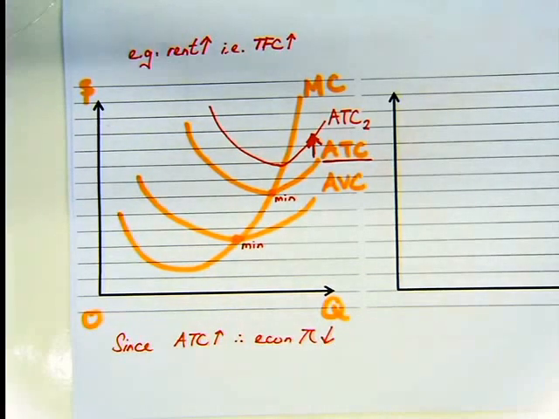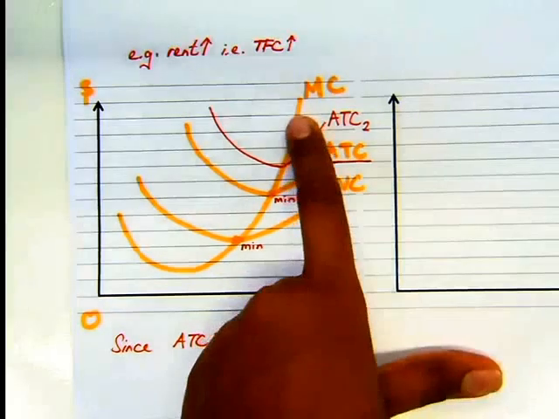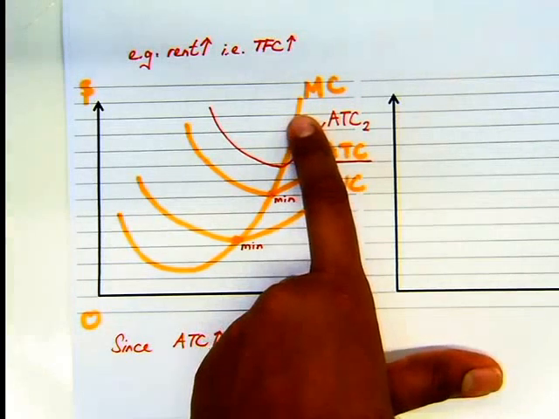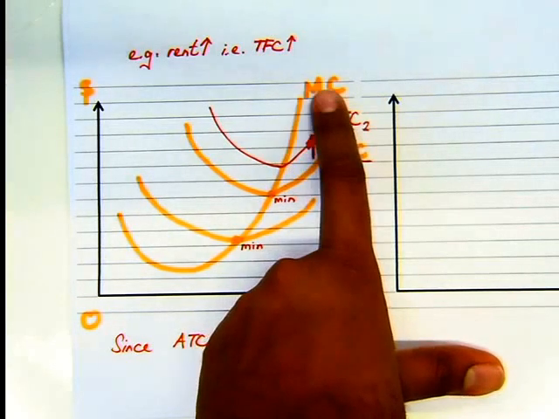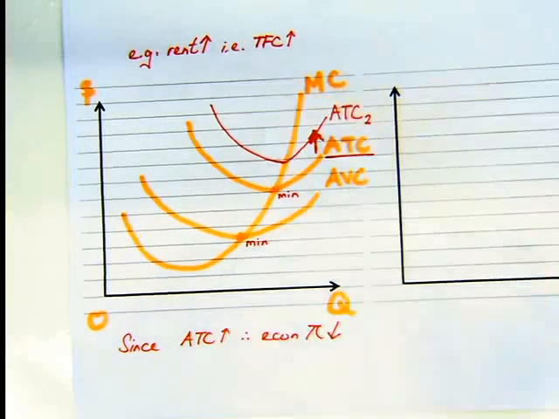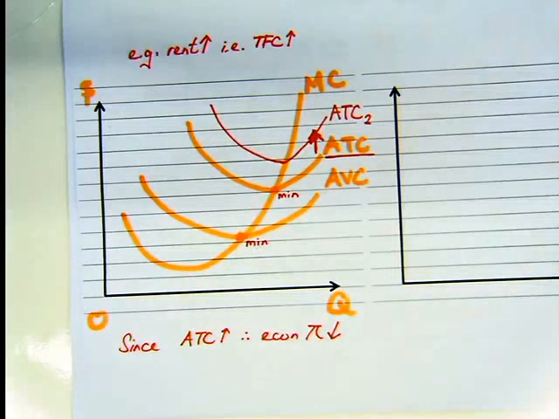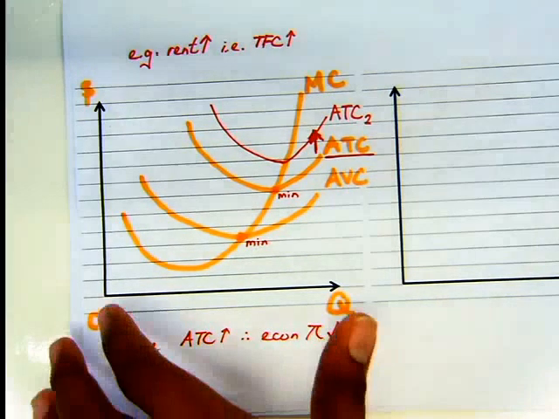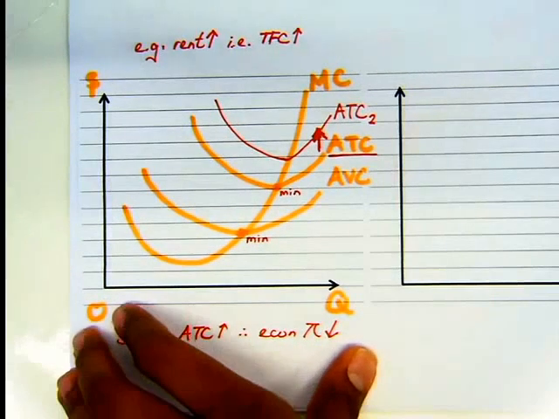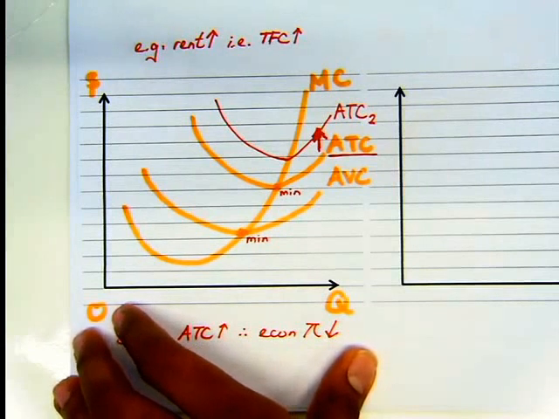What's the profit maximizing rule? MR equals MC. Has MC changed? Has there been a change in MC? No. Therefore, has the profit maximizing condition changed? No. Therefore, will the firm change its level of output?